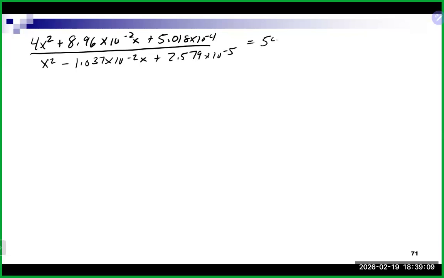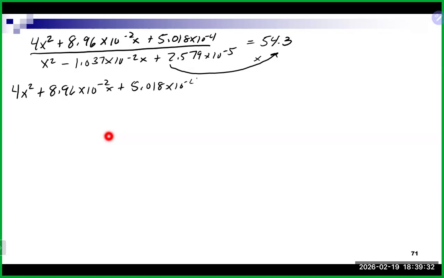That still equals 54.3. All right, next big deal here is we're going to take the bottom and multiply it all the way to the other side carefully. Nothing's going to change on top, so that will still be 4x squared plus 8.96 times 10 to the minus 2x plus 5.018 times 10 to the minus 4.